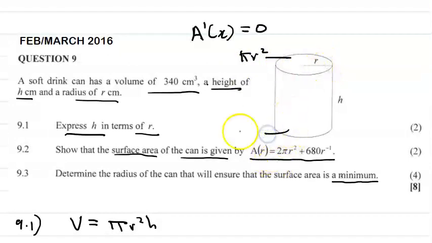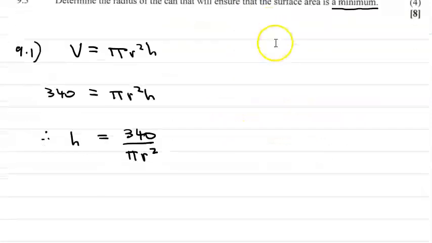The bottom is also circular, so that's also the area of a circle, pi r squared. And the side of a cylinder is 2 pi r h. If we put it all together, pi r squared plus pi r squared is 2 pi r squared.